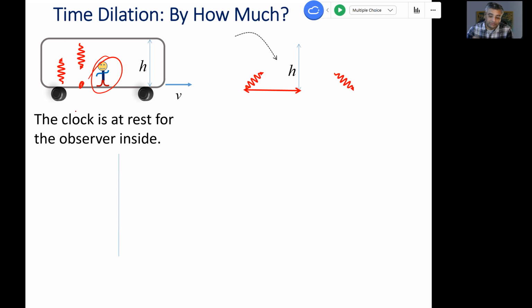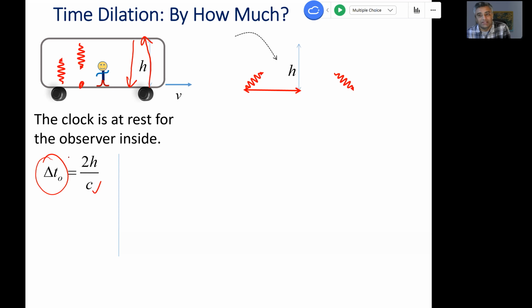So this observer is trying to observe that time, okay? Now, for this observer, what happens? Straightforward, light travels distance h while going up, the height of this car, and then comes back. So total distance traveled is 2 times h, okay? And since the speed of light is c, the time it takes is delta t 0.